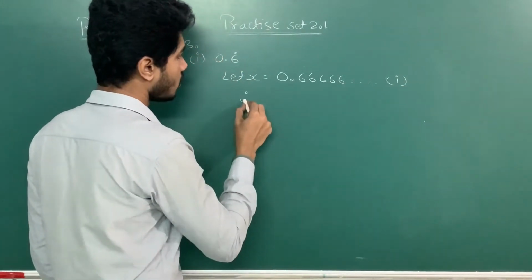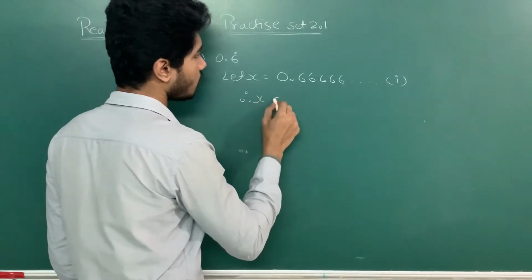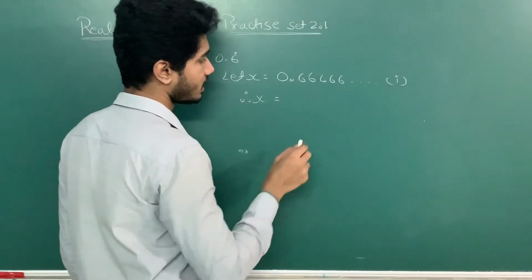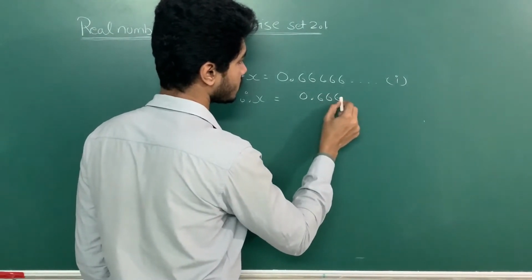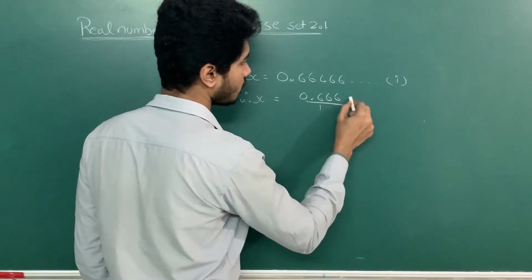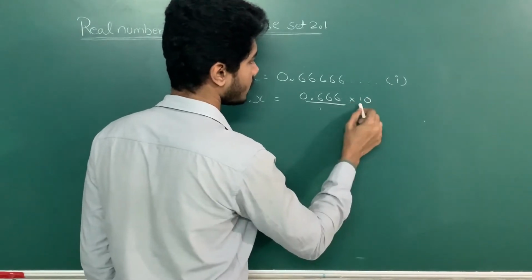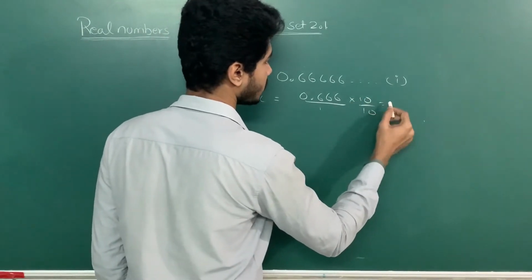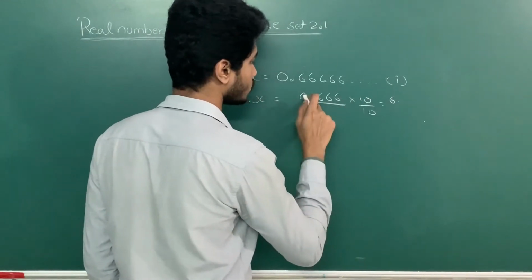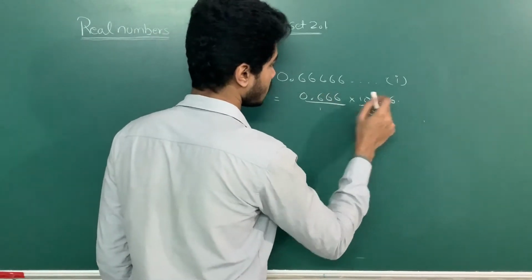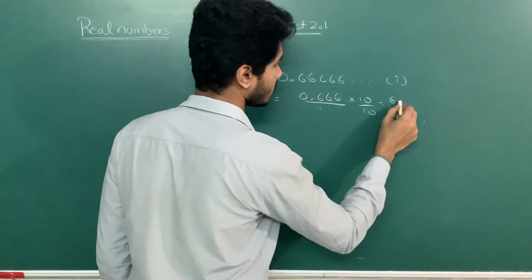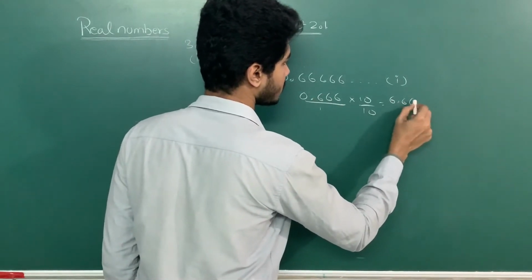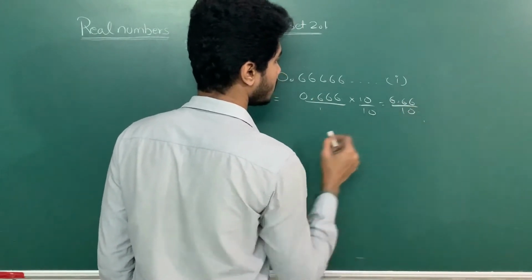Now we'll multiply and divide by 10, that is 0.666, multiply by 10 and divide by 10, which you get as 6 point. So ये जो decimal है आगे की तरफ shift हो जाएगा. So it will be 6.66 upon 10.